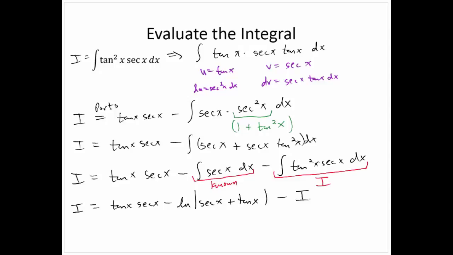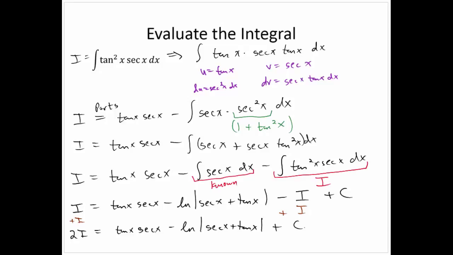So let me add this integral to both sides. And so now I have twice the integral is equal to tangent x secant x minus the natural log of the absolute value of secant x plus tangent x. And I should have had a constant of integration in here somewhere, so let me just put a plus c on here.